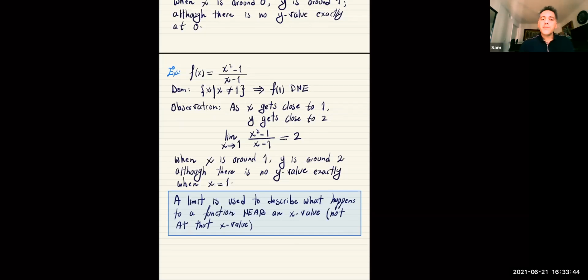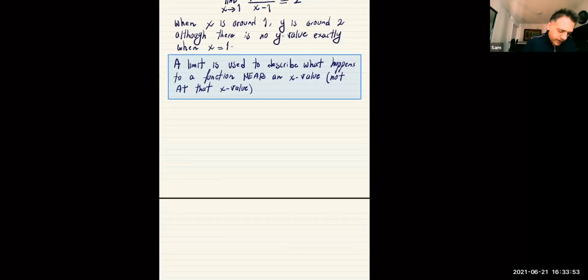Yes, I can explain the notation I use for the domain. Absolutely. This reads as the set. When I open braces, that means set. Set of x's, I'll write it down. And then the bar here means such that.